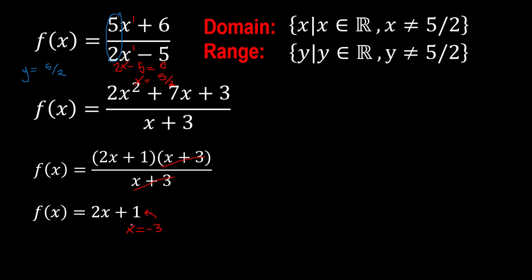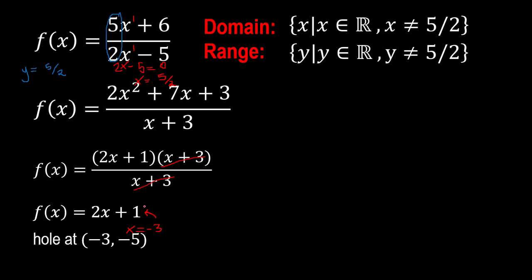We have 2 times negative 3, that's negative 6, plus 1. So the value of y there is negative 5. Therefore, there's a hole at negative 3 comma negative 5.